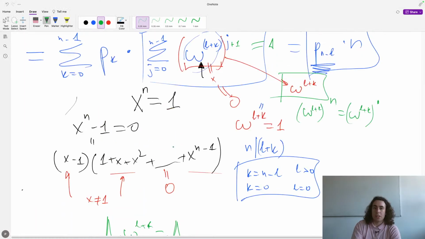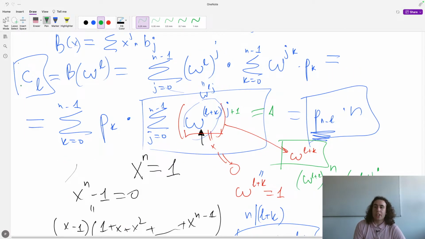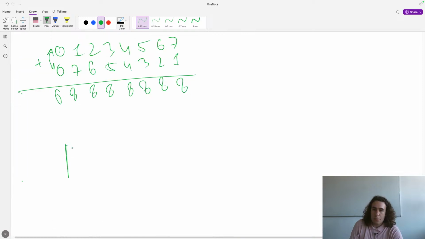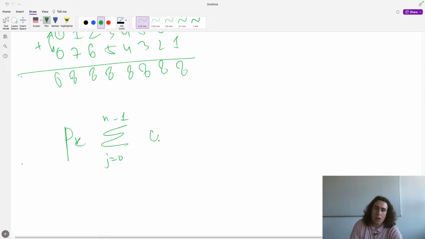Okay, let me recap why we multiply by n. At the end, CL is this formula. This formula adds up some pKs. Most of them are multiplied by 0. If this value is not 1, it's multiplied by 0. But if omega to the power of L plus K is 1, this picture is horrible, let me write it again. pK times the sum over j from 0 to n minus 1 of omega to the K plus L to the power of j.